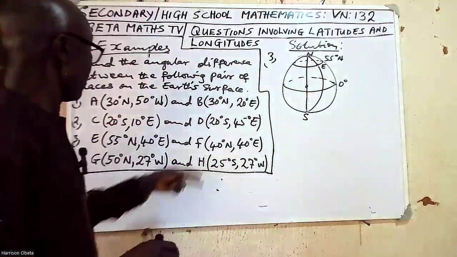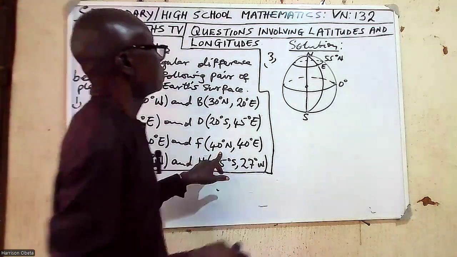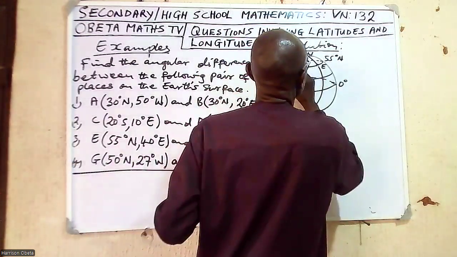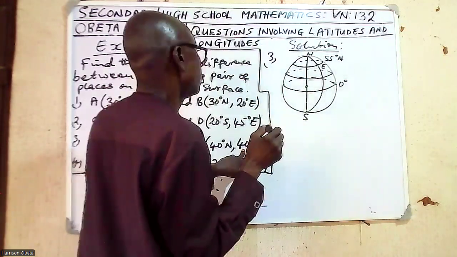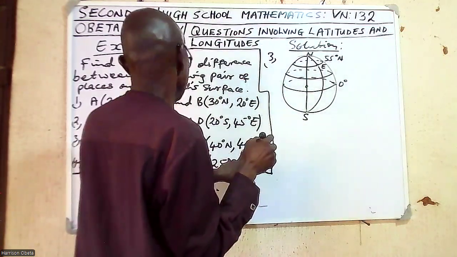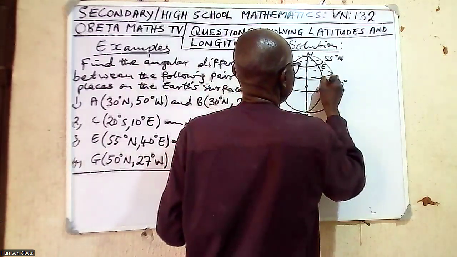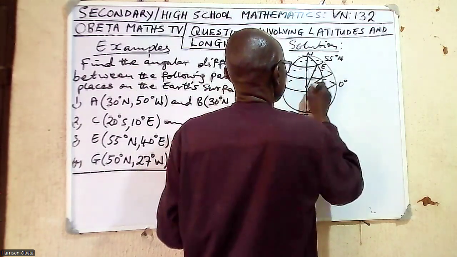Okay, followed by 40 degrees north. That should be down. And then 40 degrees east. So we discover that our second point should be here. And then our center is now the big center.